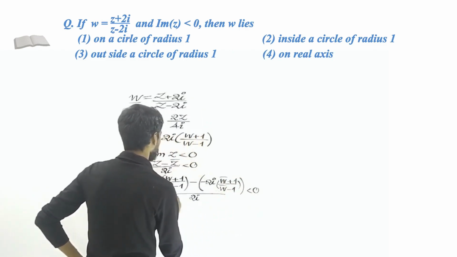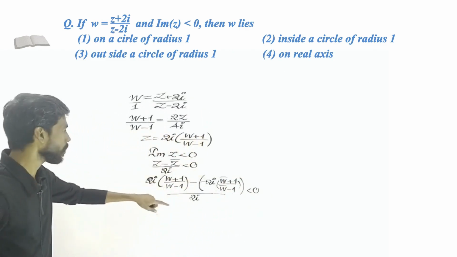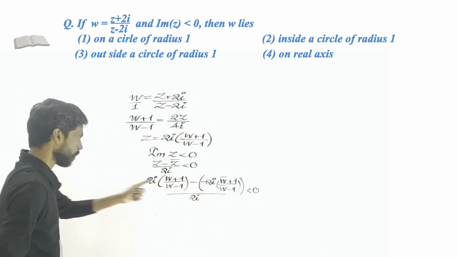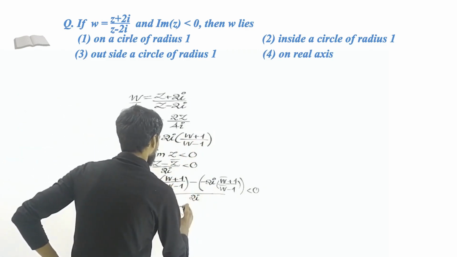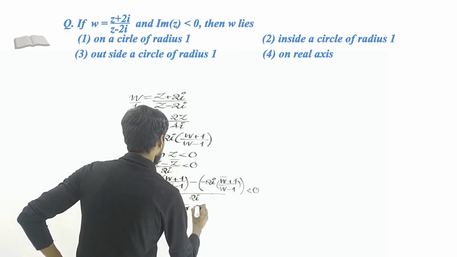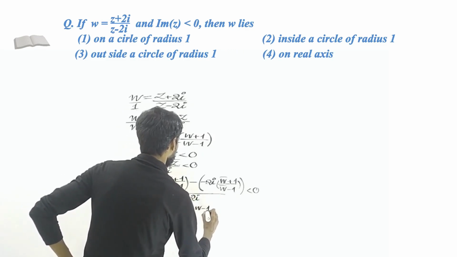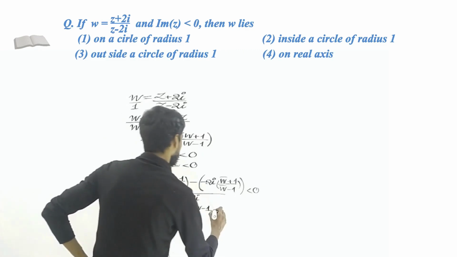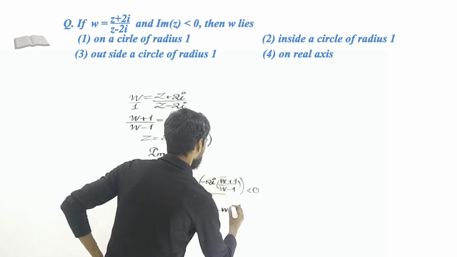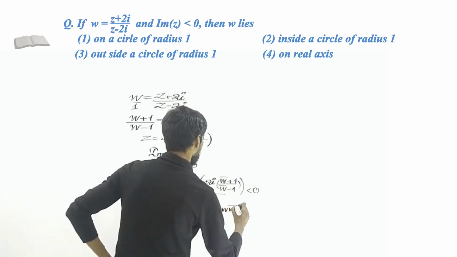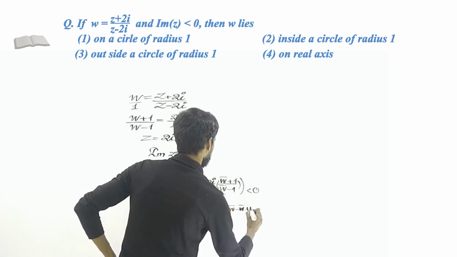That is less than 0. Now just simplification. 2i can be cancelled, and if you cross multiply, it is w bar plus w bar minus w minus 1. So this becomes plus, and if you multiply this one, w bar, and then minus w bar plus w minus 1, that is less than 0.